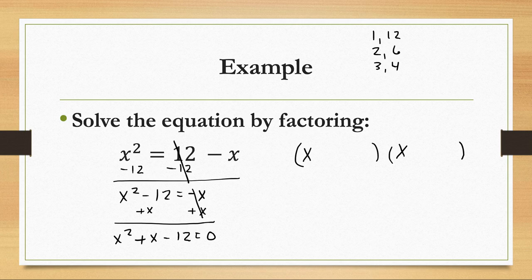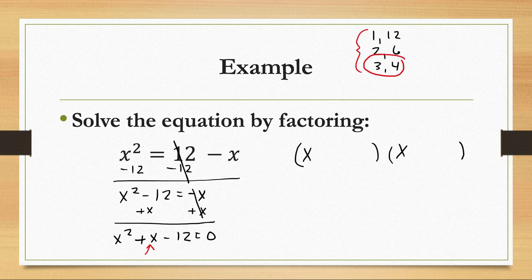Look at your middle term. Your middle term has a coefficient of 1. So I need a setup here that will either add or subtract to make 1. So 3 and 4 look good because I know that I can subtract them and get 1.